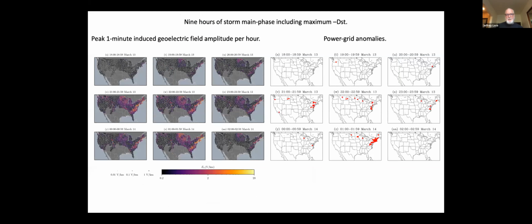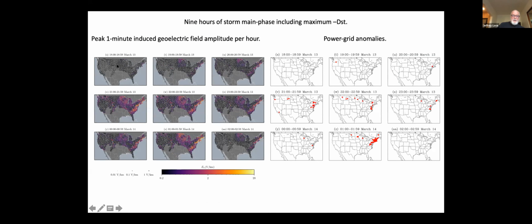All right. So now I want to concentrate on the main phase, really the depth of the storm, when the auroral oval really opened up, moved south, and really started to interfere with the power grid systems across the United States. Again, 9 hours of time here, going from hour 18 of March 13 to hour 2 of March 14. Okay, so 1 hour, next hour, etc., progressing through time.